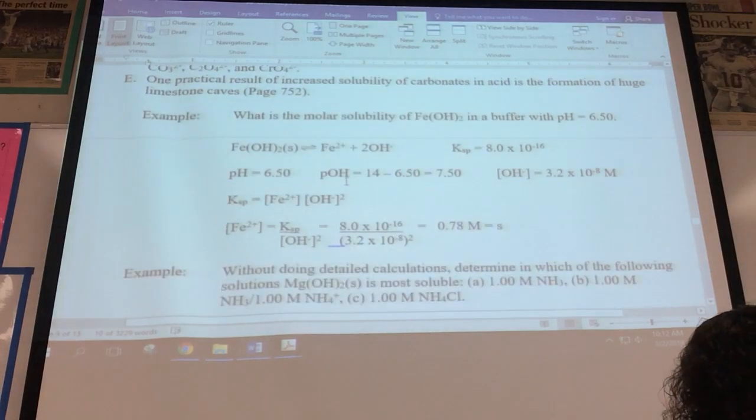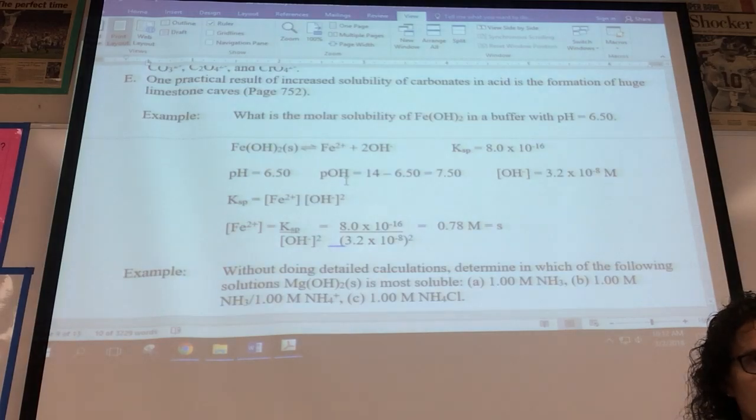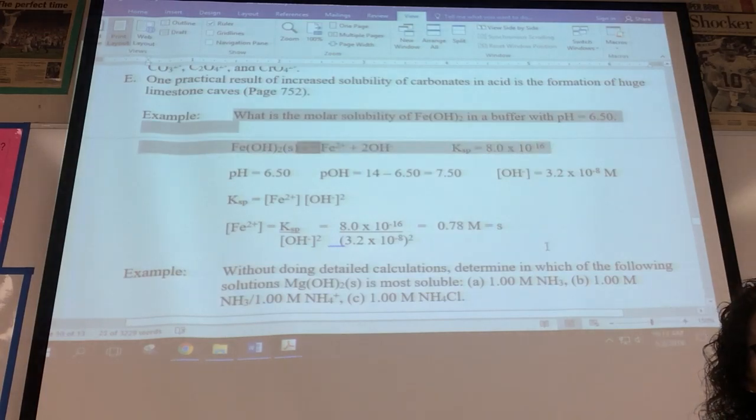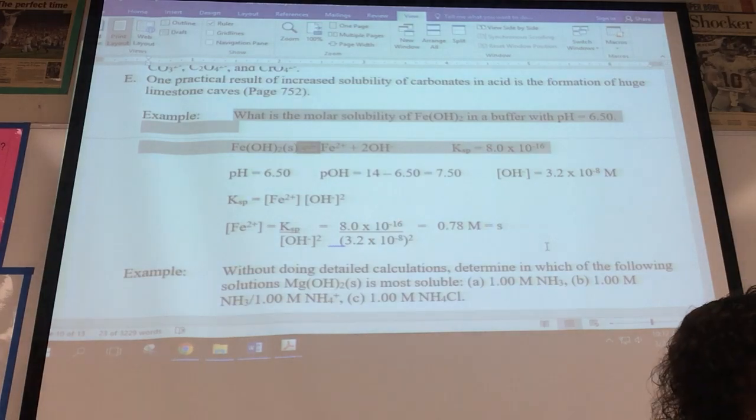All right. You can link the math to molar solubility. For example, it says, what's the molar solubility of iron 2 hydroxide in a buffer with a pH of 6.50? You've got this, and you've got Ksp. So it doesn't look like they're giving you much information, but from that pH, what can you ultimately get? pOH and then hydroxide ion concentration.